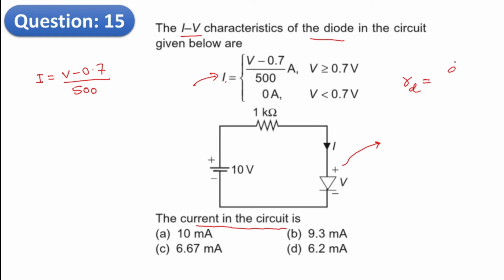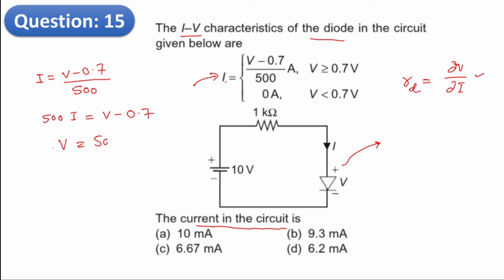We know that 500 I equals V minus 0.7. So differentiate this: V equals 500 I plus 0.7.